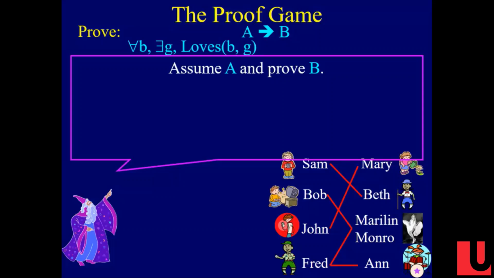They were following these rules that I didn't really understand. So let me tell you how I would use the fact that this is true. Remember, the way I think about this statement is that it's a game. What's the game? The adversary gives me a boy, I give you a girl, and we check whether they love. So to prove that this is true, what do I have to do?